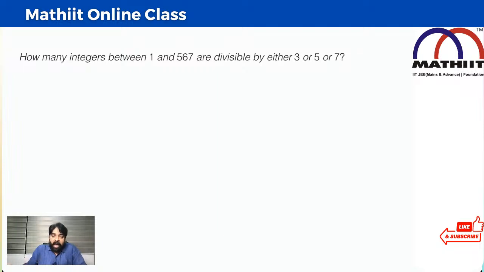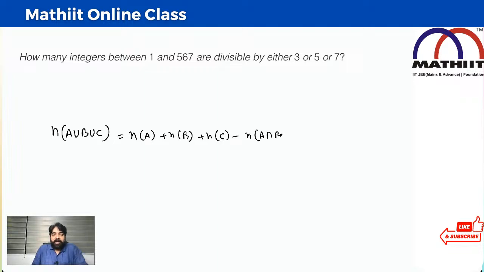From set theory, everybody remember: n of A or B or C is equal to n of A plus n of B plus n of C minus n of A and B minus n of B and C minus n of C and A plus n of A and B and C. I already gave you the method to write this if more than 3-4 events are there.